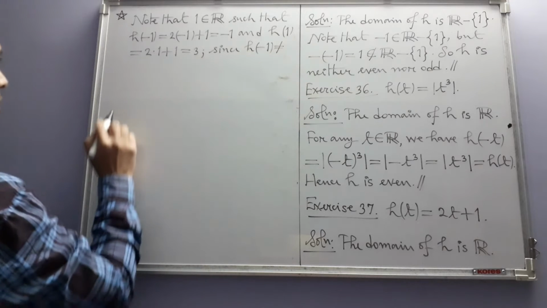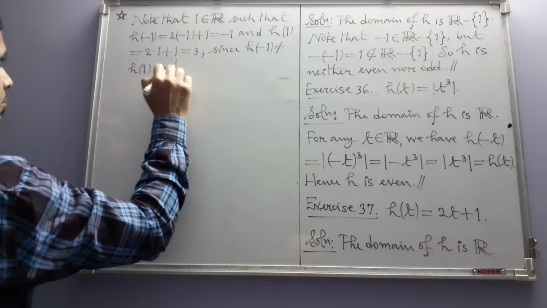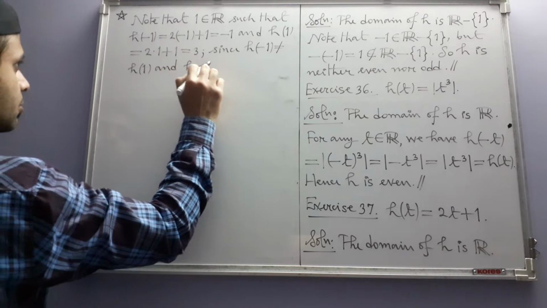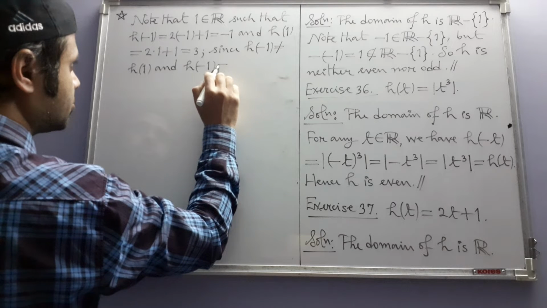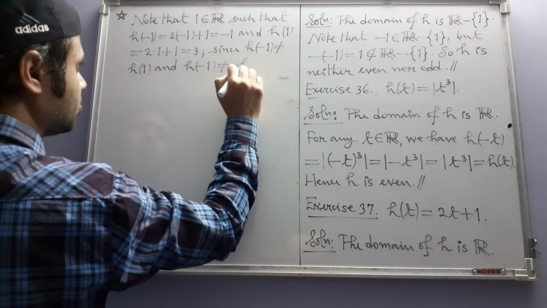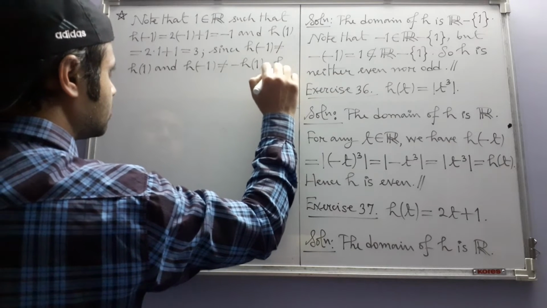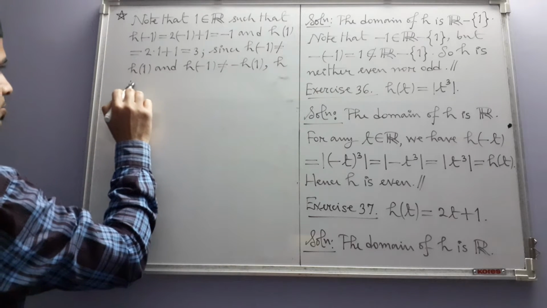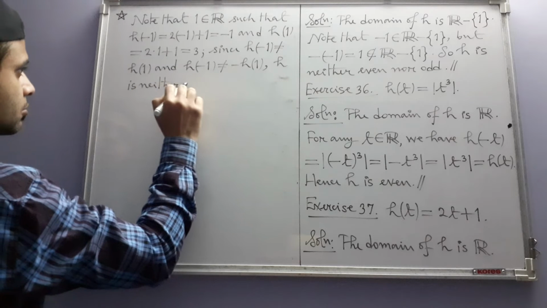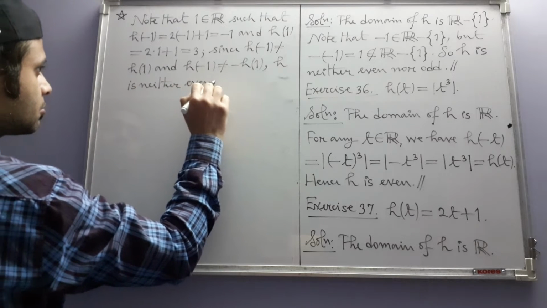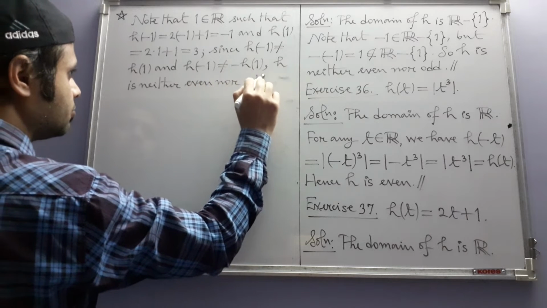Since h of minus 1 is not equal to h of 1, and at the same time h of minus 1 is also not equal to minus h of 1, h is neither even nor odd.